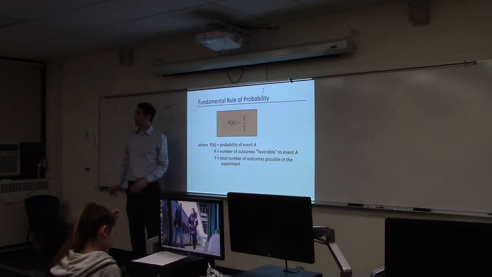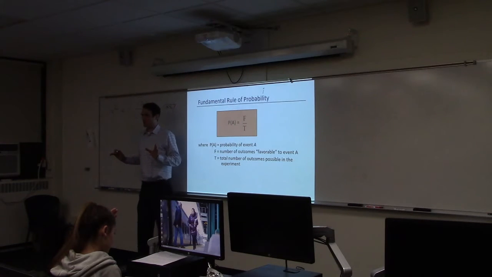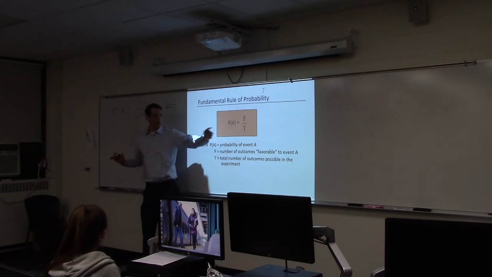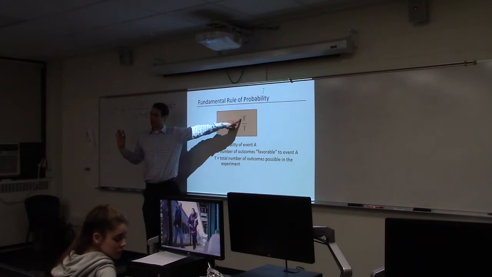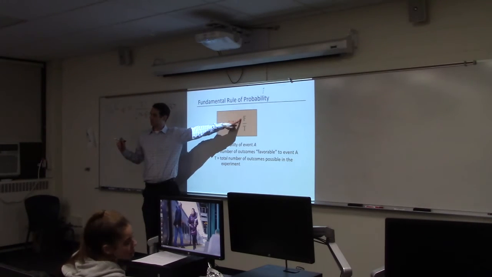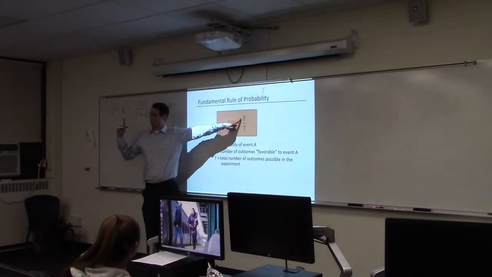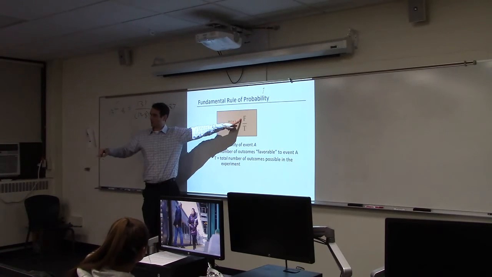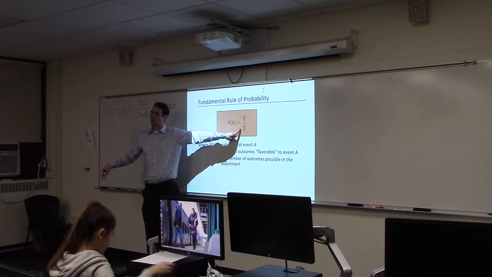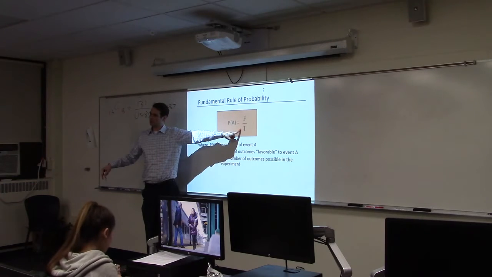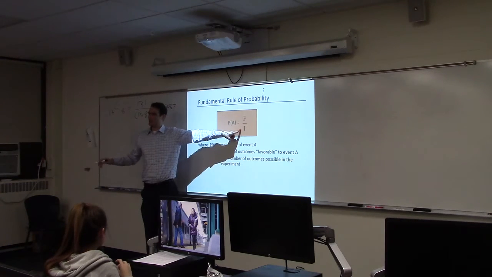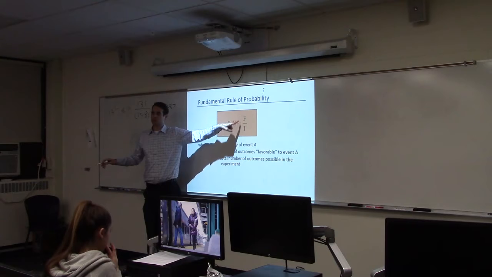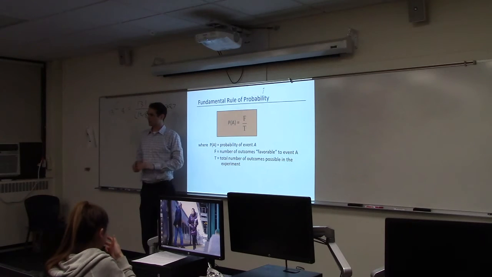How many outcomes would be favorable to rolling a 4? 1. There's one way I can roll a 4. How many total outcomes are there? 6. So the probability of rolling a 4 equals 1 over 6.